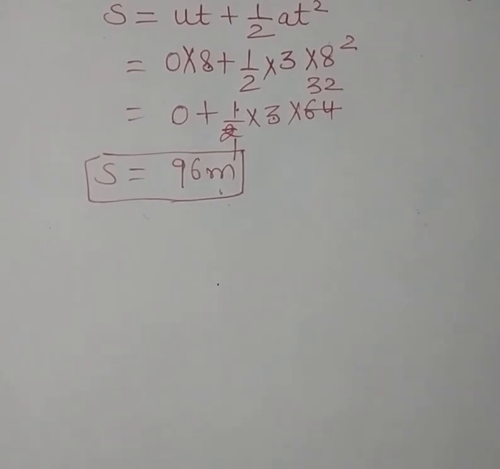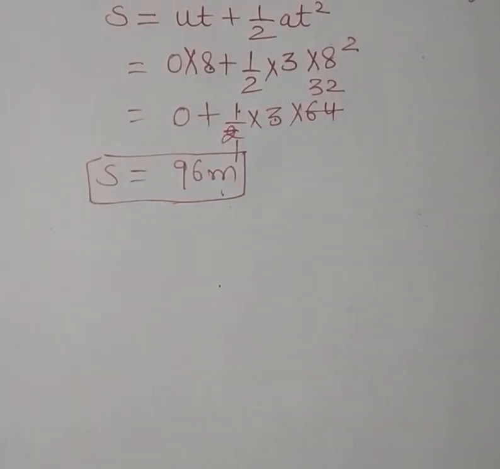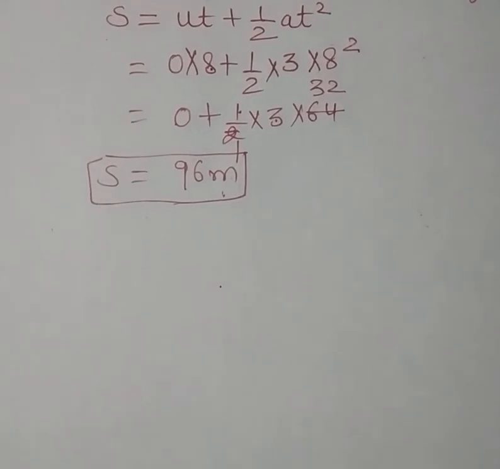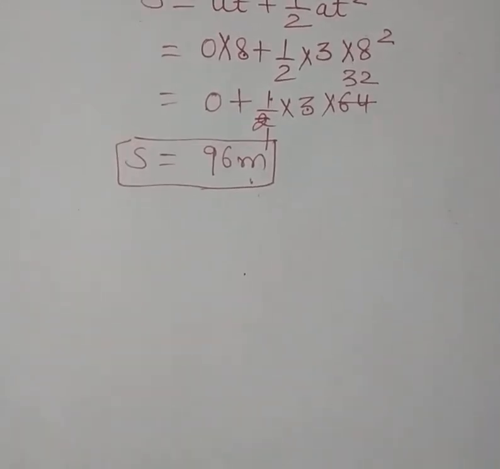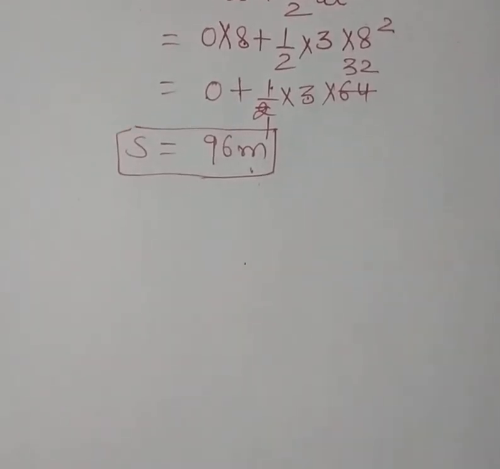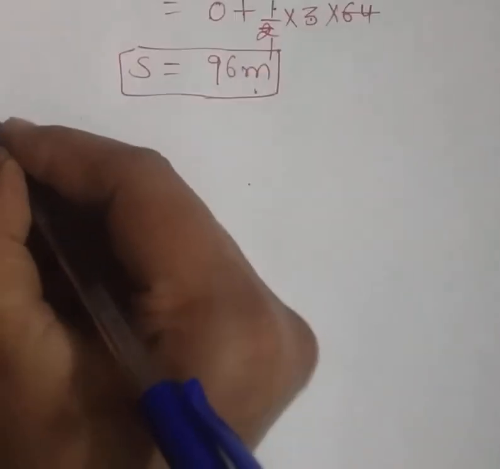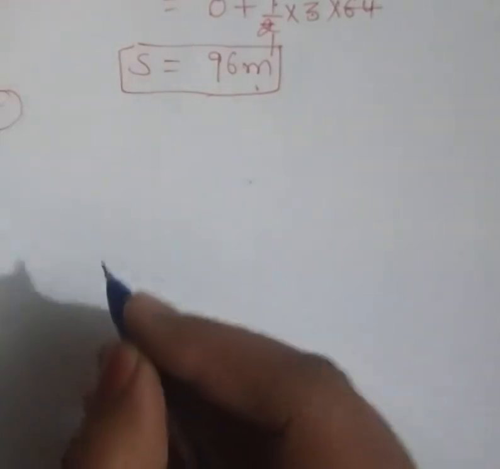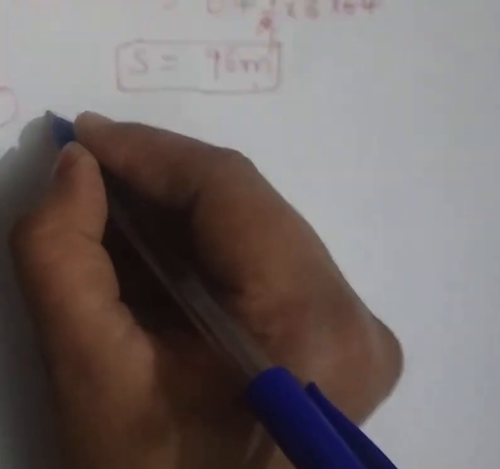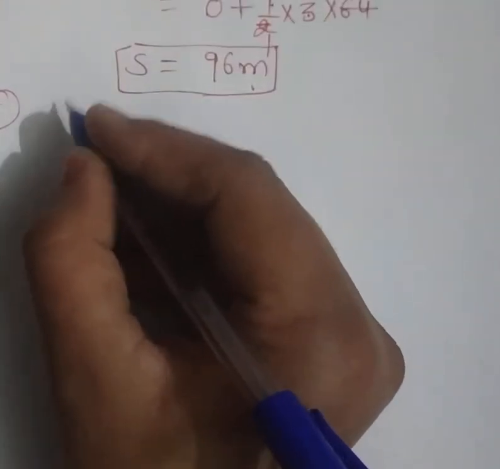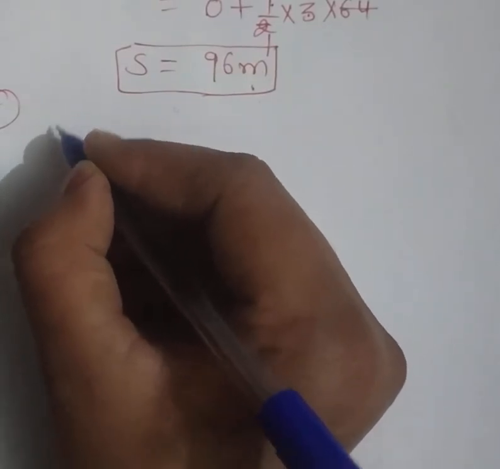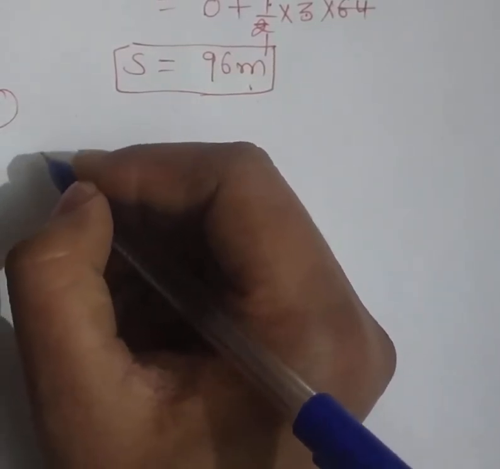Now the next question is regarding a graph. So we have to relate the statement using a graph. The statement is: a driver of a car traveling at a speed of, means initial speed, 54 kilometer per hour.